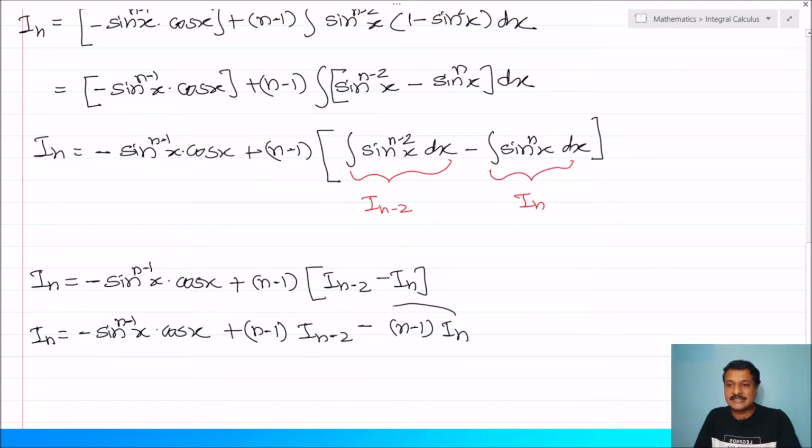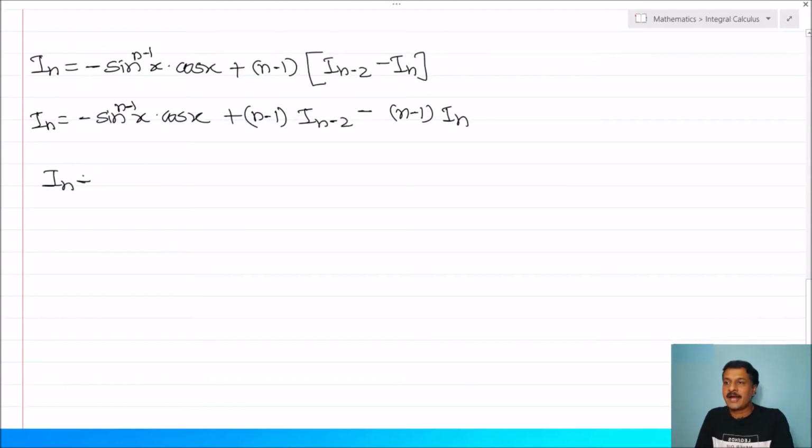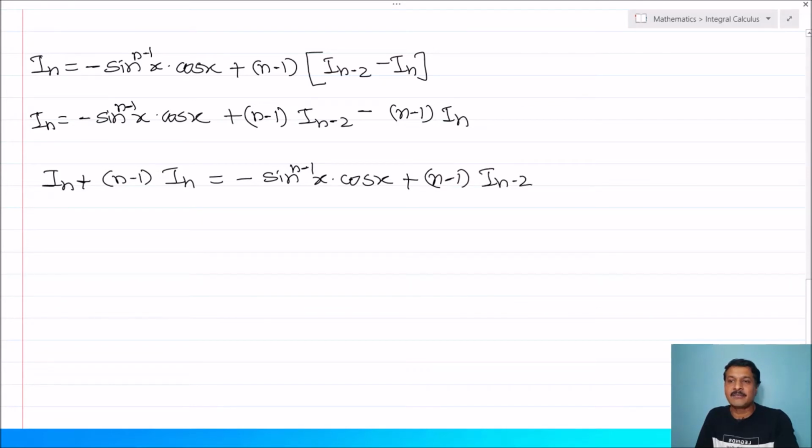So this minus n minus 1 I_n you take to the left hand side. So I am getting here I_n plus n minus 1 I_n, and that is equal to minus sin x raised to n minus 1 into cos x plus n minus 1 into I_n minus 2.